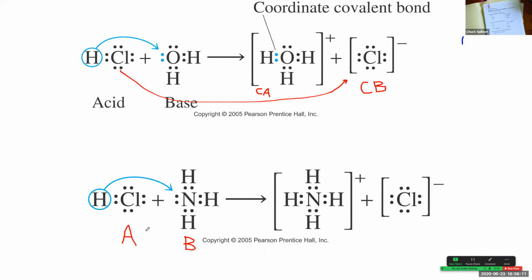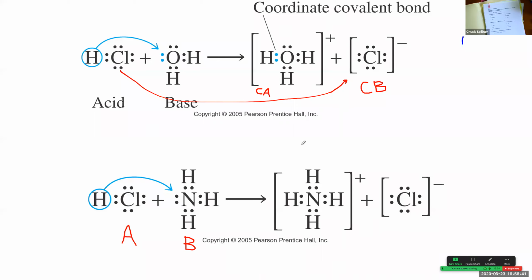Acid-base reactions are proton transfer reactions. So if you're looking at a reaction and a hydrogen ion transfers from one molecule to another, that's an acid-base reaction. In this case, we can identify the HCl as the acid because it donates the hydrogen ion, and the ammonia as the base because it accepts the hydrogen ion.